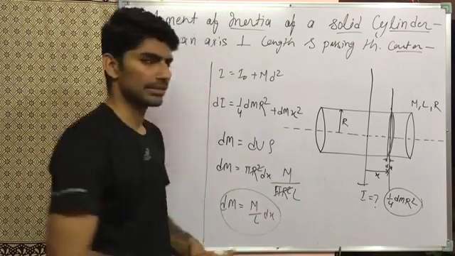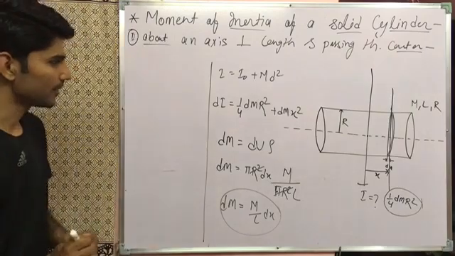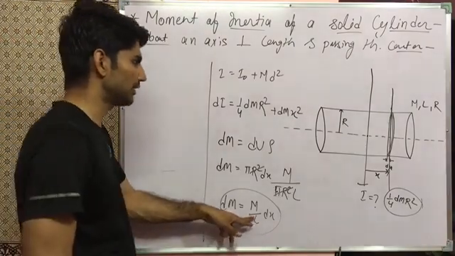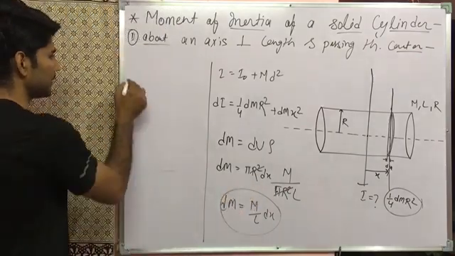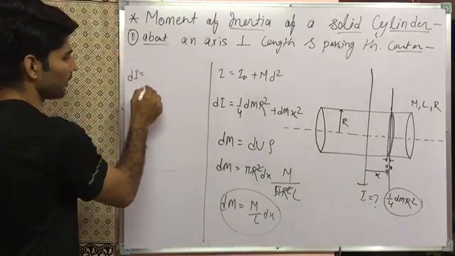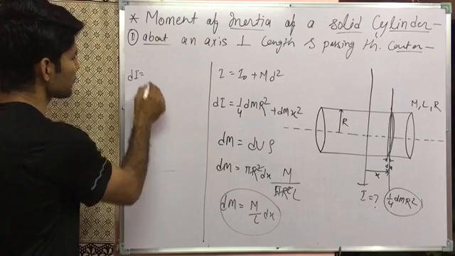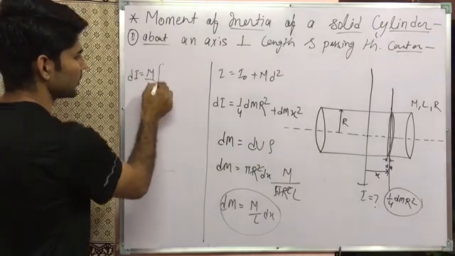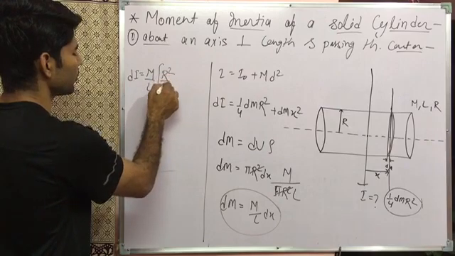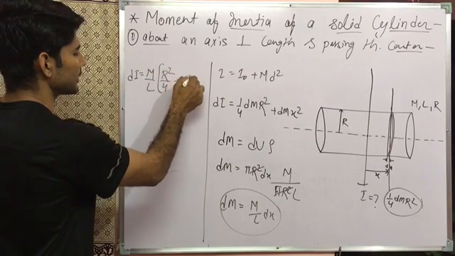So this is the mass of this small disc component, and I put this mass component here, and I get dI is m by L, which is common, and dx is also common, with remaining r power 4 by 4 plus x square.